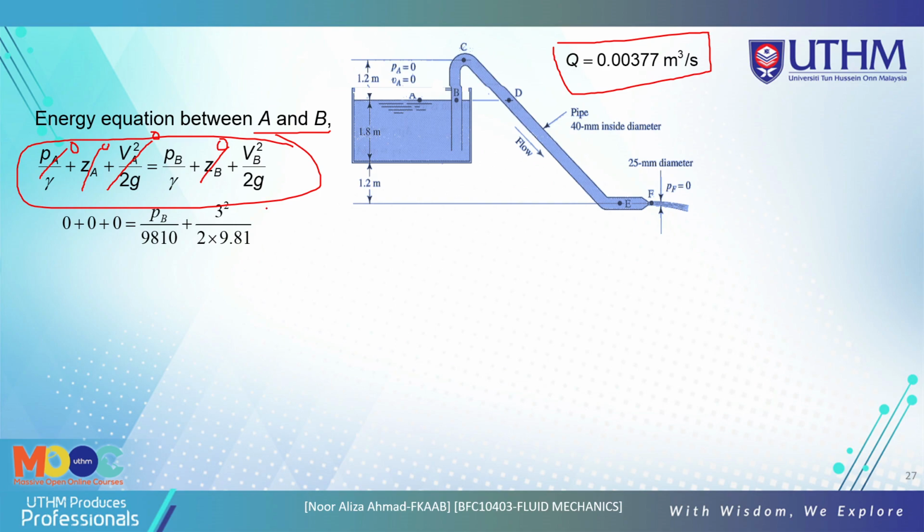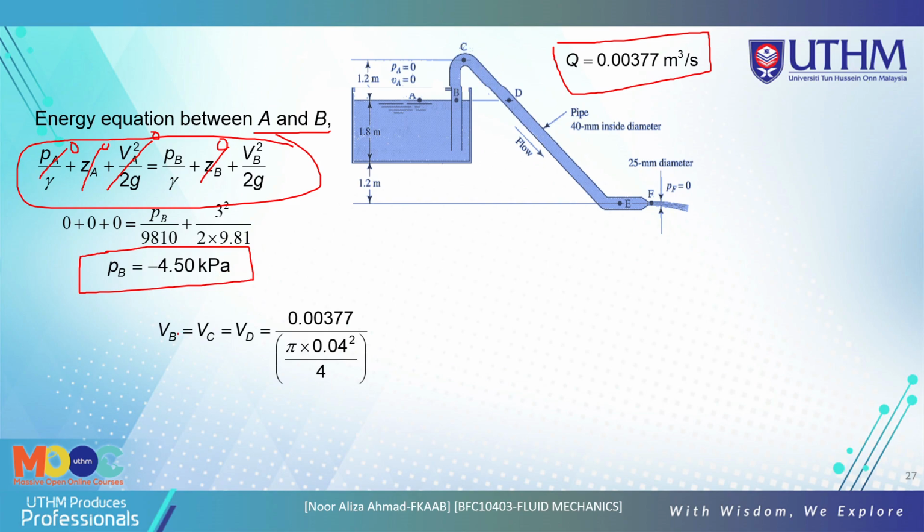The velocity at B is given as 3 meters per second. So we put in VB, and we get the pressure at B as negative, PB is negative 4.50 kilopascal.